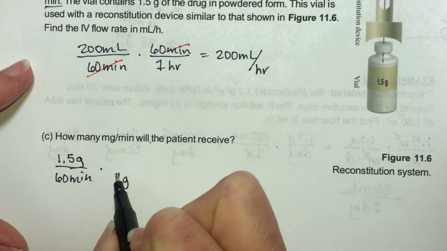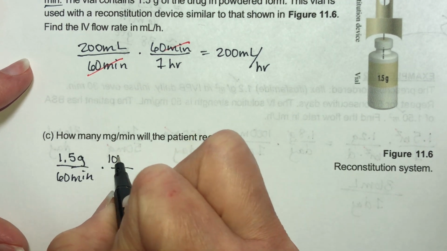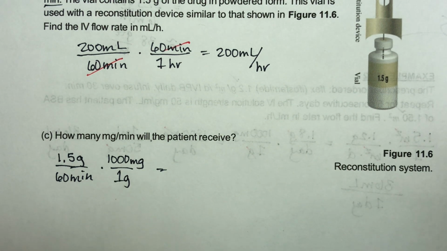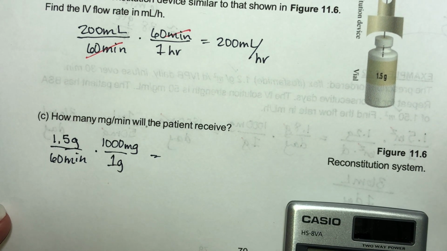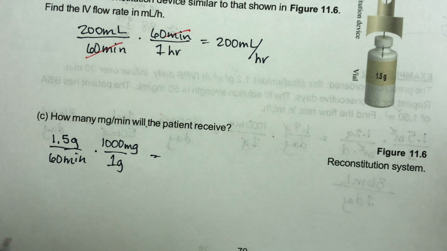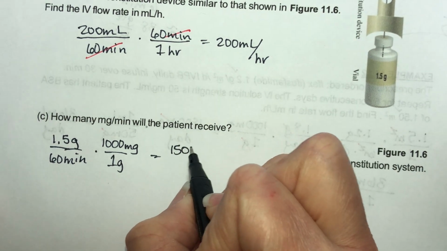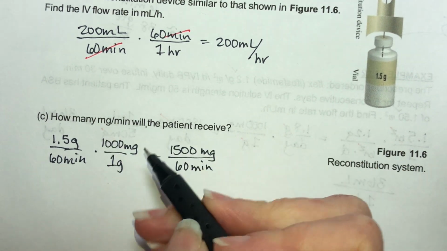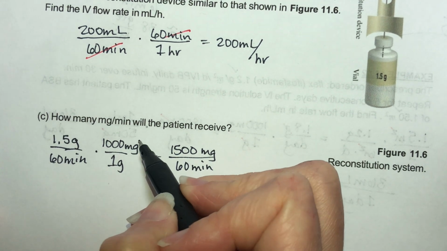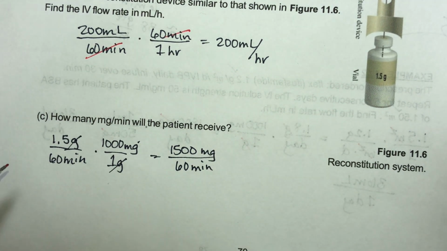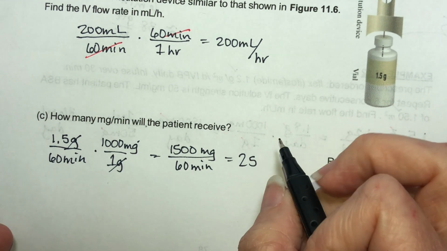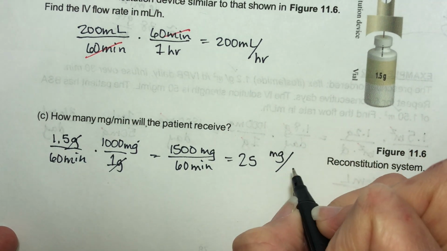So I'm going to put 1 gram in the bottom and 1,000 milligrams in the top. If you multiply, you have 1.5 times 1,000 is 1,500 milligrams over 60 minutes. And here the grams canceled out. And then do 1,500 divided by 60, and you get 25. So this patient will get 25 milligrams per minute.